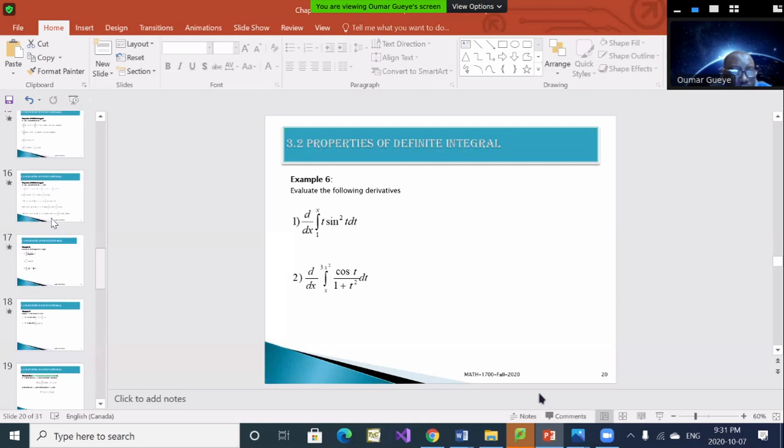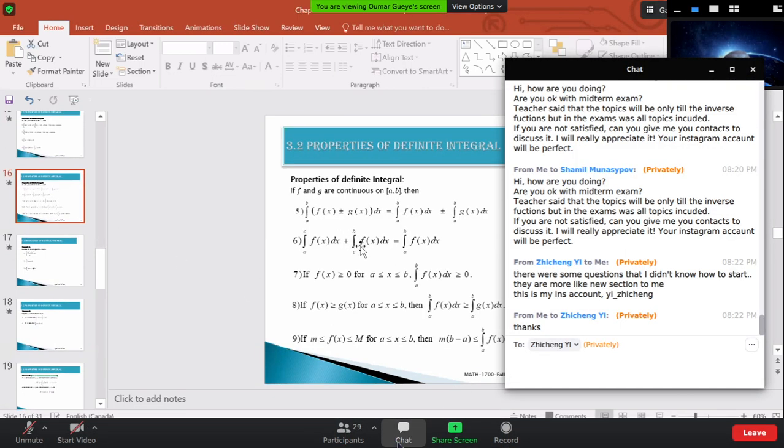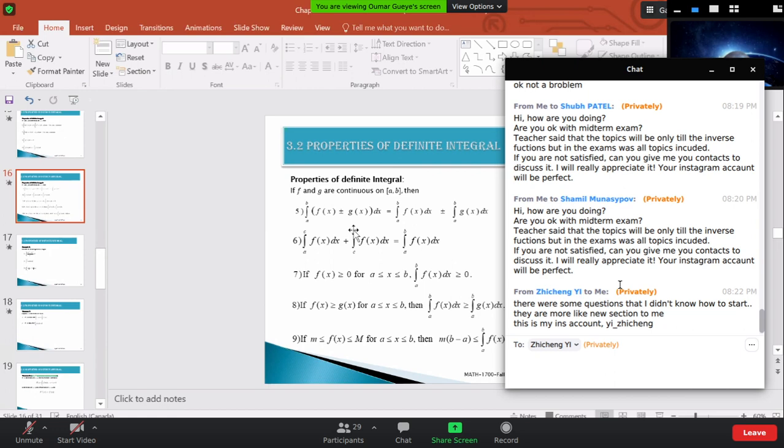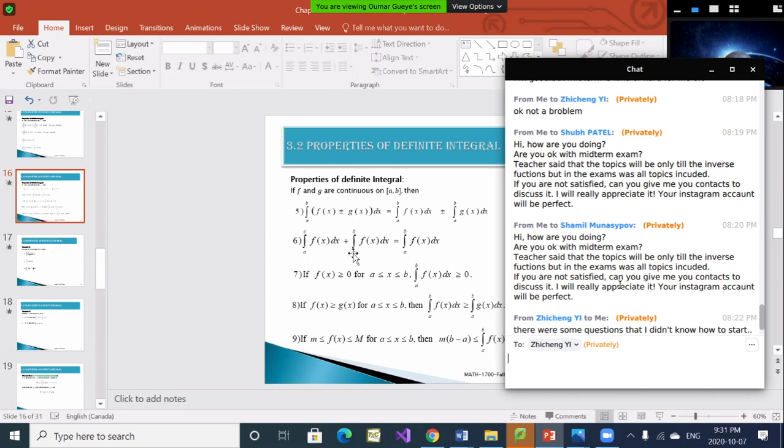I can show you the properties here. I'm just applying these properties: the integral from a to c plus the integral from c to b is the same as the integral from a to b. I just introduce a c, and in my case, c equals 1.